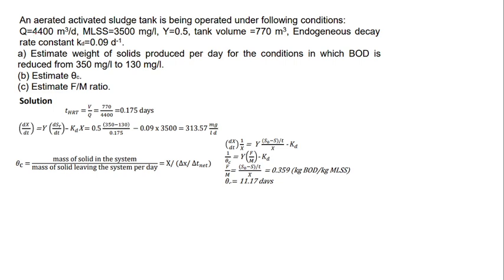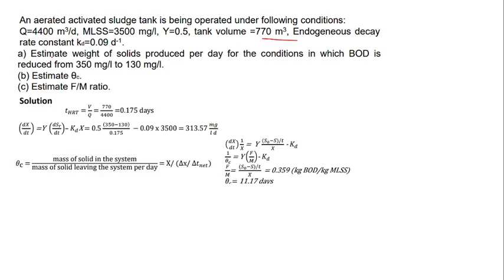MLSS, the mixed liquor suspended solids, the amount of microorganisms, is 3500 mg per liter. Then Y is 0.5, and the tank volume is given as 770 meter cube. The rate constant Kd is equal to 0.09 per day.